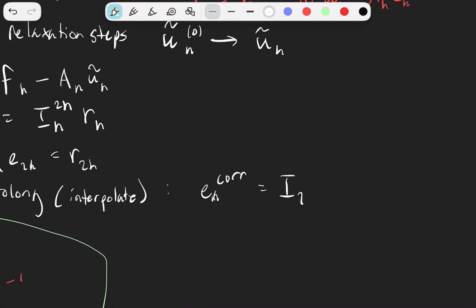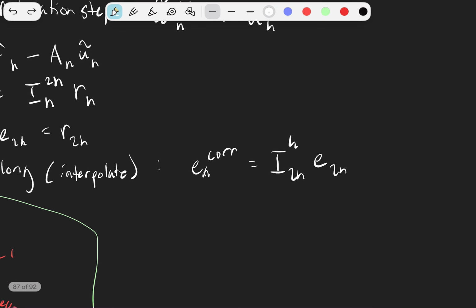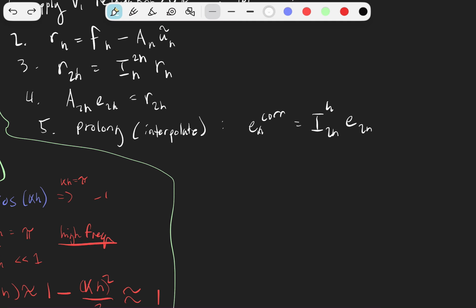So we're trying to get the original correction from 2H back to H, going back down to the fine grid, and this is usually a kind of bilinear interpolation.